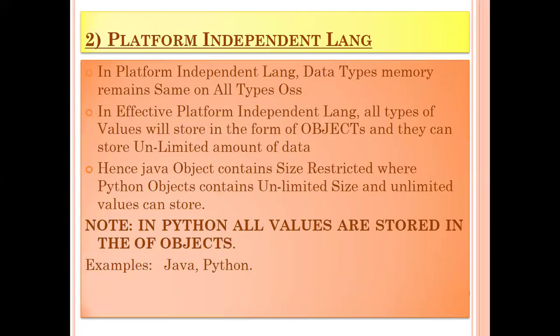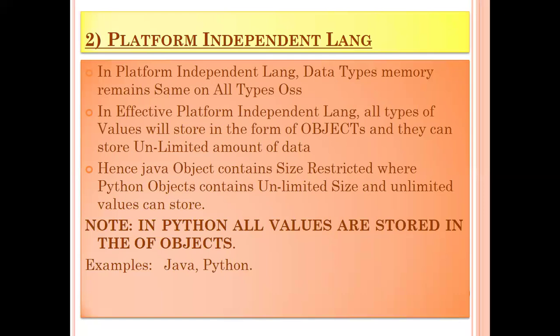Next, it is known to be a platform-independent language because its data types remain the same on all the operating systems, right? In an effective platform-independent language, all types of values, please remember this is very important, are stored in the form of objects.